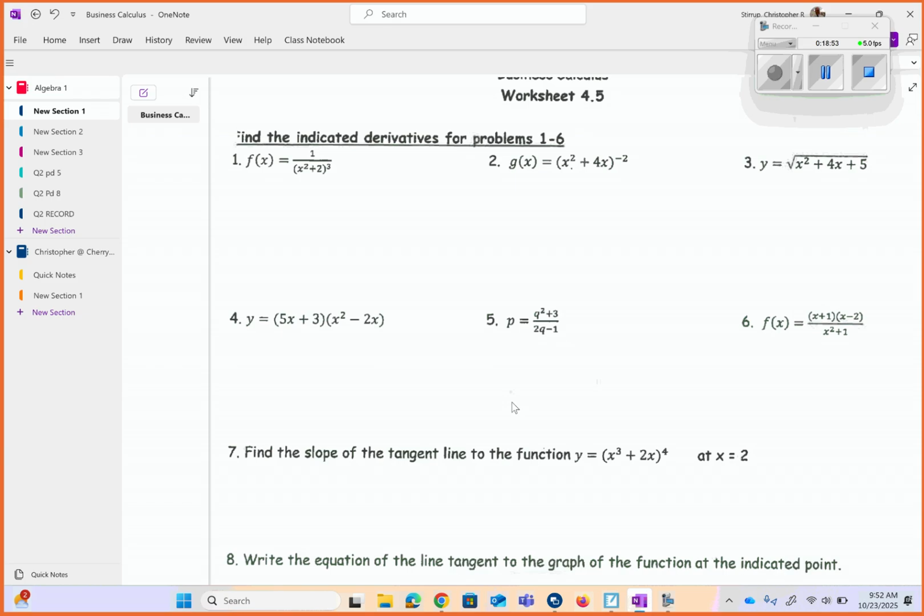So the first thing I want to talk to you about is something called the quotient rule. I just mentioned it. It will not be on your test.